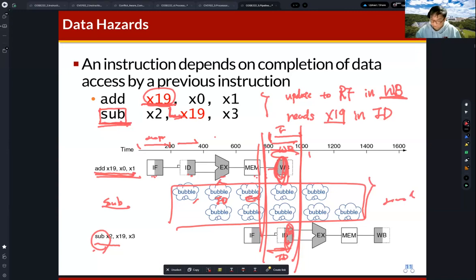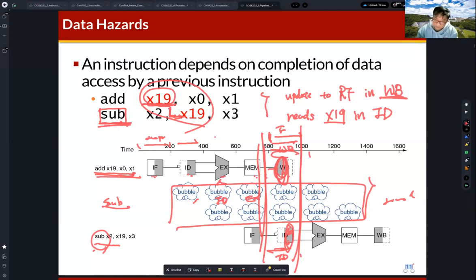Right. So this is the data hazard because of data dependency. This is called the data dependency, right? Because the next instruction uses the result of the former instruction. But the problem is that the data is updated in the write back stage, and the data is read in the ID stage of the next instruction.